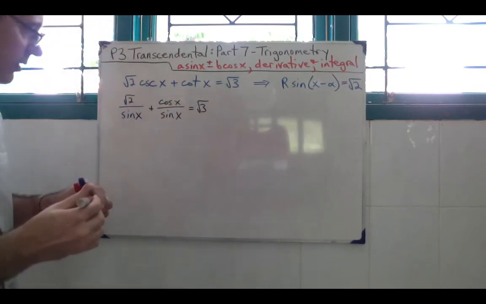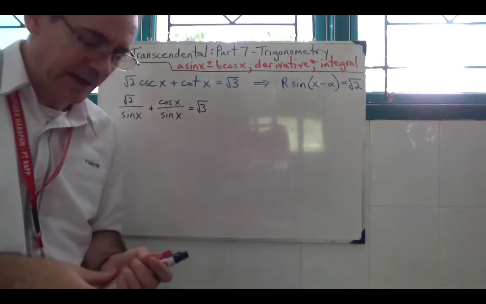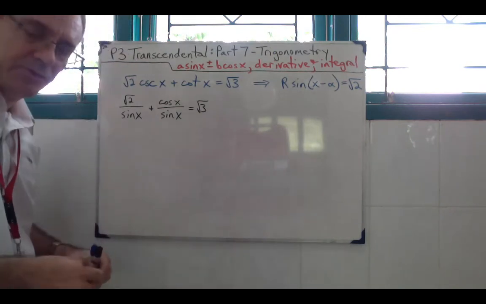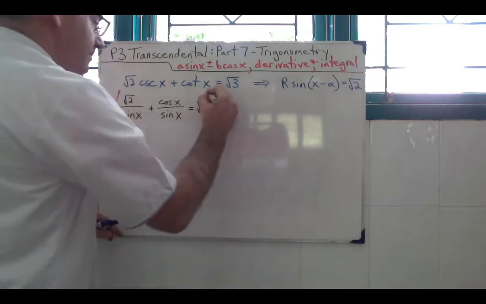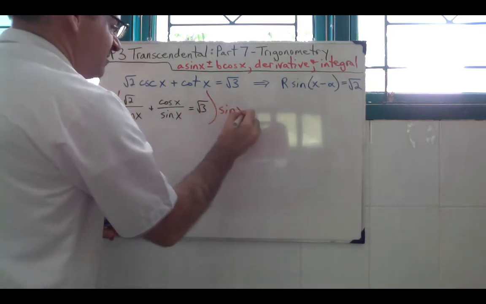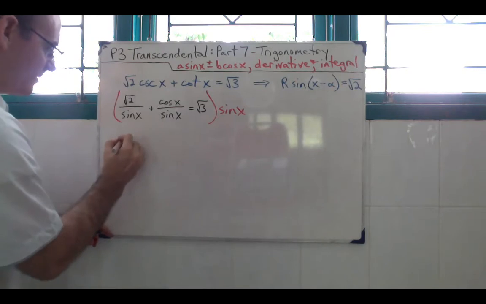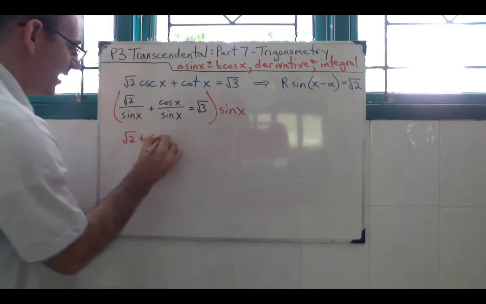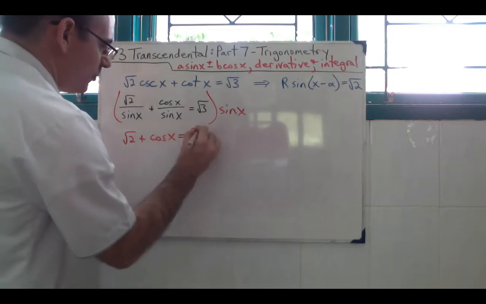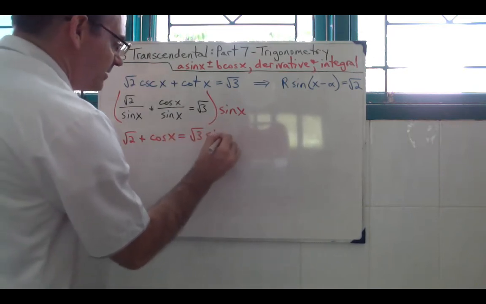So what we want to do here is get rid of our denominator. So we're going to multiply everything through by sine x. And what we get, the sine x cancels. Here's our root 2 plus cosine x equals root 3 sine x.